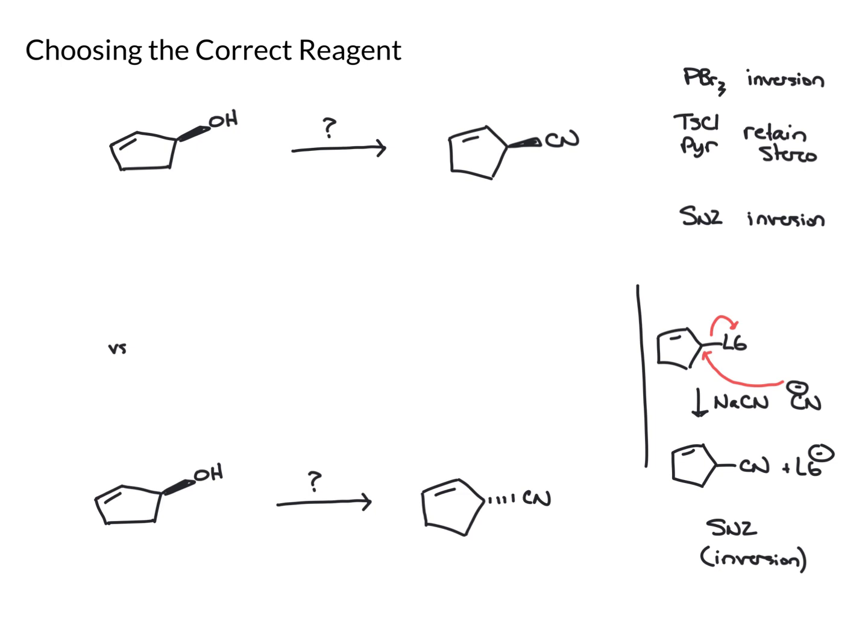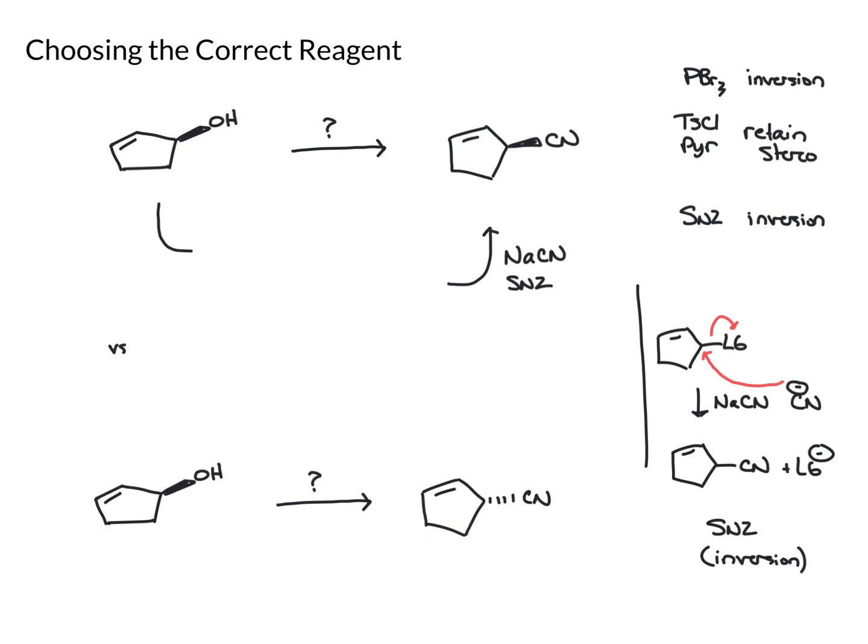So in this first reaction, if we know that adding sodium cyanide is going to do an inversion, if we want that out, we need the leaving group here to be back. So how do we convert the OH to a back leaving group? We want to use a reagent that proceeds with inversion.